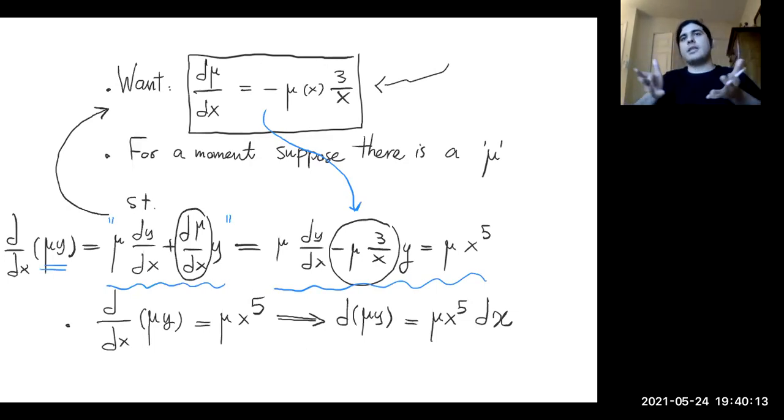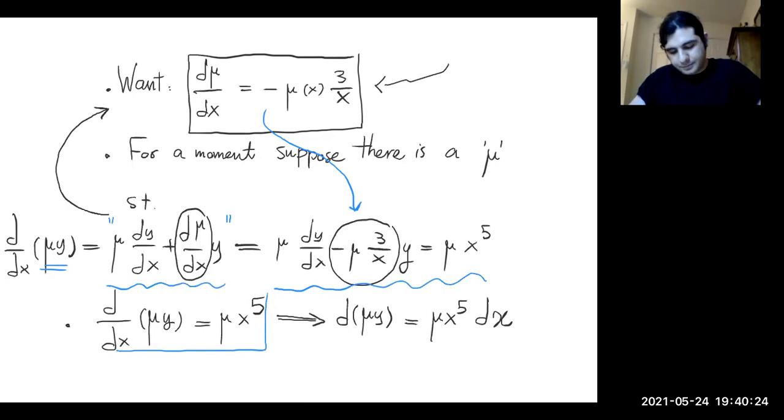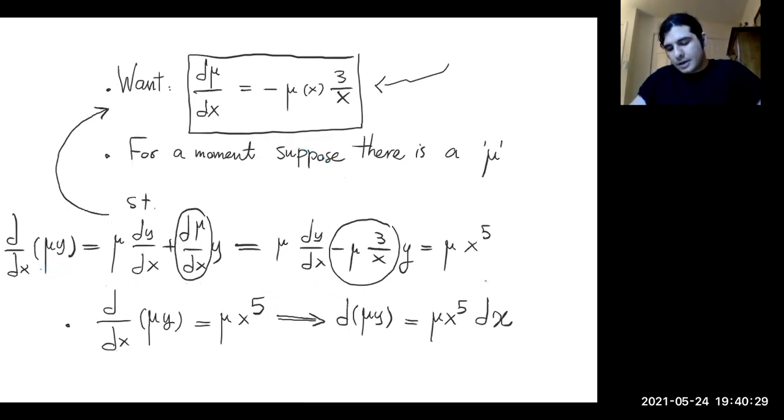If we combine everything I said, it means derivative of mu y with respect to x is equal to mu times x to the 5, which is what we have here. So now I can just think about dx as a formal thing. I would multiply everything by dx, and this is what we would get. D mu y is equal to mu x to the 5 dx, right?